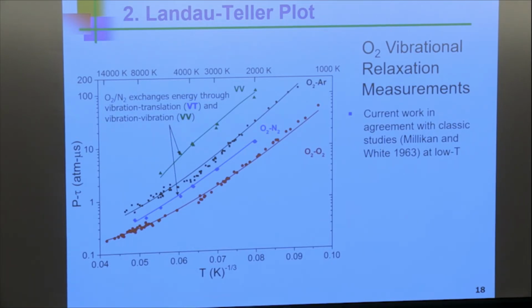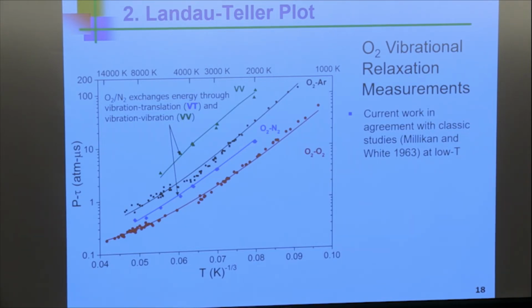That simple semi-classical theory that led to T to the minus 1/3, done by Landau probably, breaks down. So to this day, people modeling re-entry problems will still use the Millikan-White correlation. So this is showing that it's wrong. It doesn't mean it's always important in every problem, but that part of the model is definitely wrong.